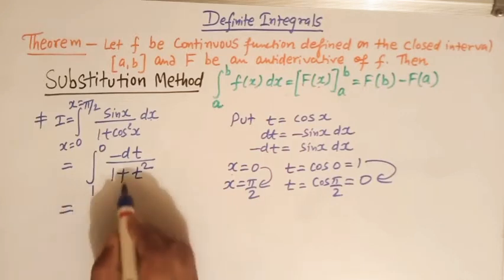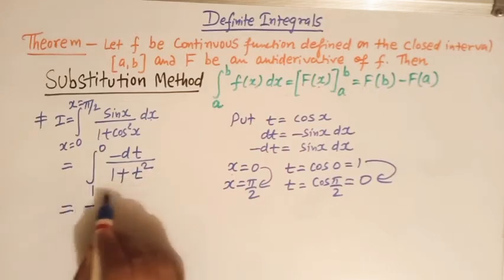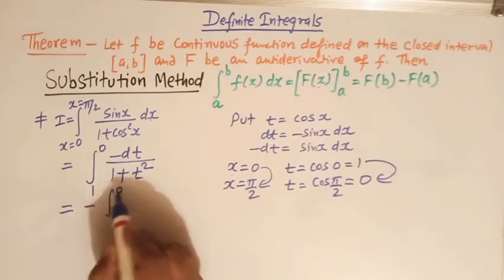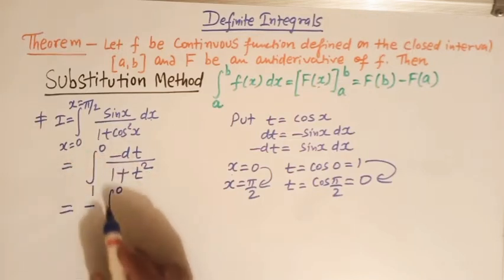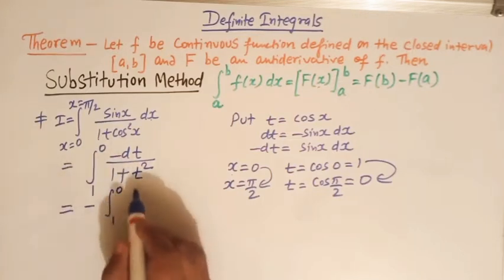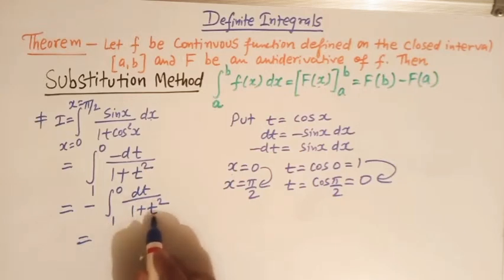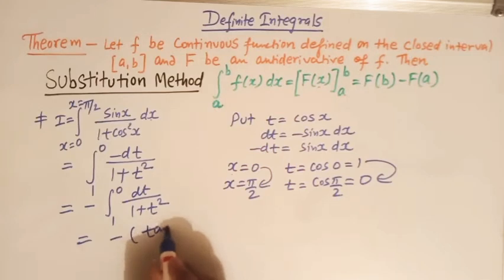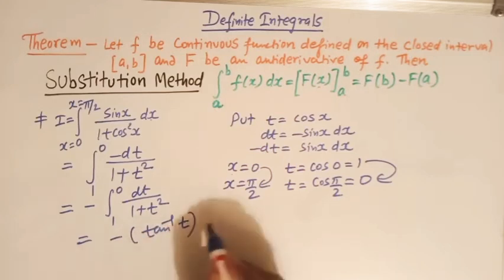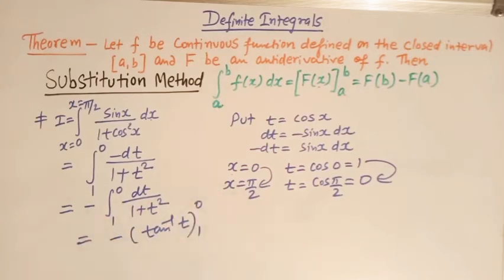Now this can be written as the integral from 1 to 0. We'll take the negative sign outside of this integral, so we have dt over 1 plus t square. The integral of 1 over 1 plus t square is nothing but tan inverse of t, with limits 1 to 0.